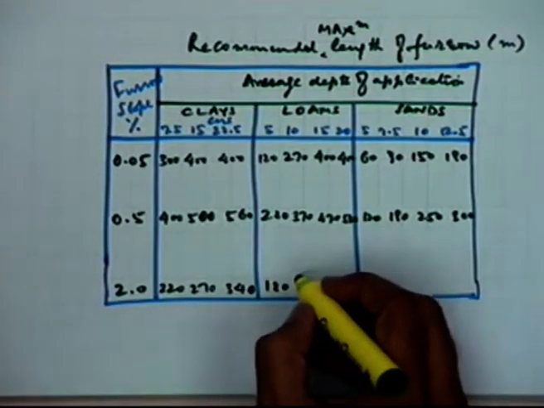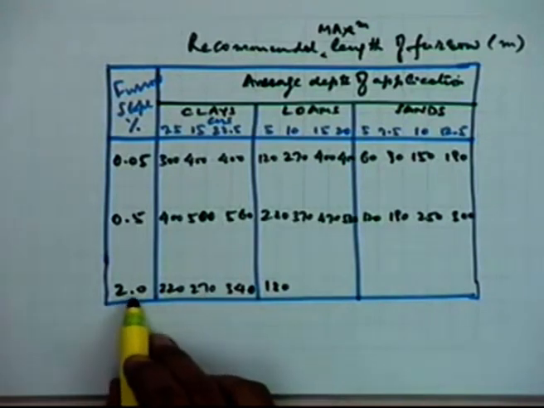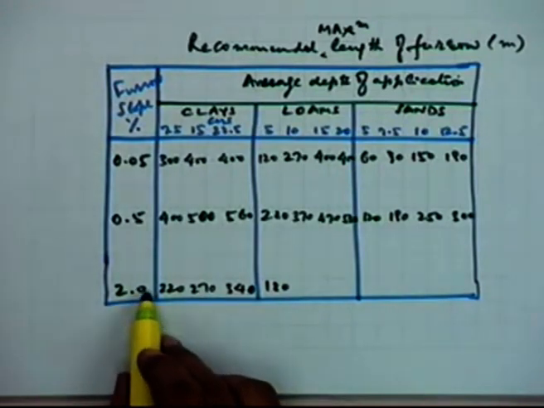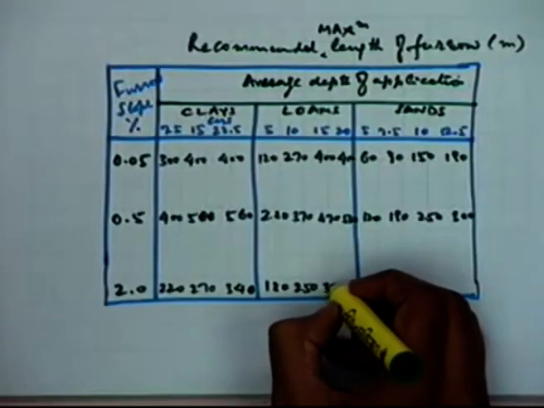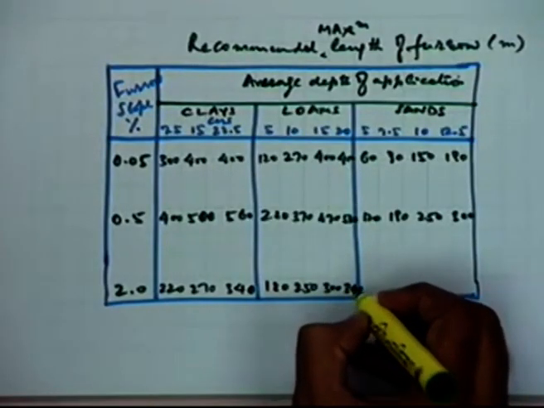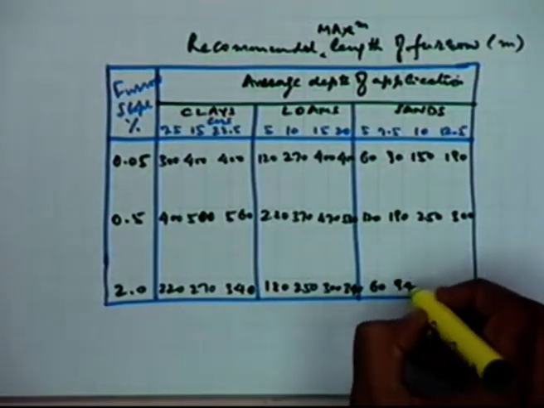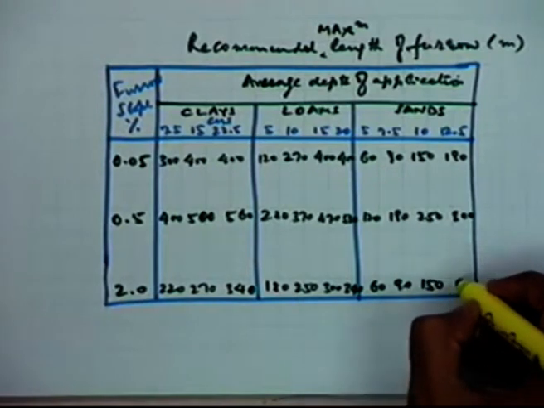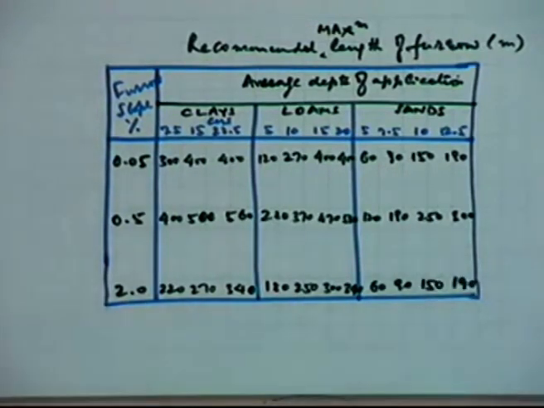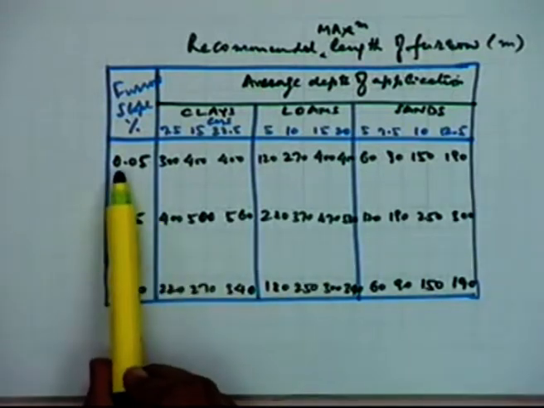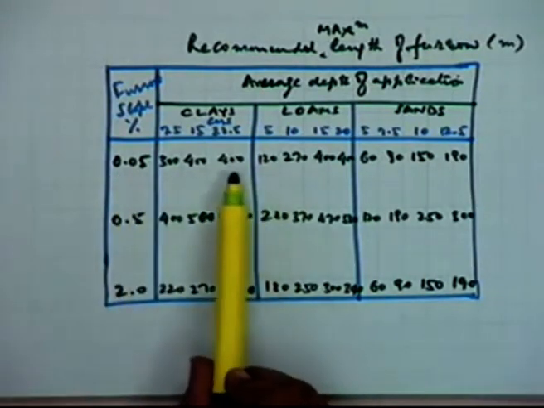Now you see here that when the slope has increased and the grade has increased, the lengths are again reduced. I just picked up three slopes. In the beginning, the slope was 0.05.